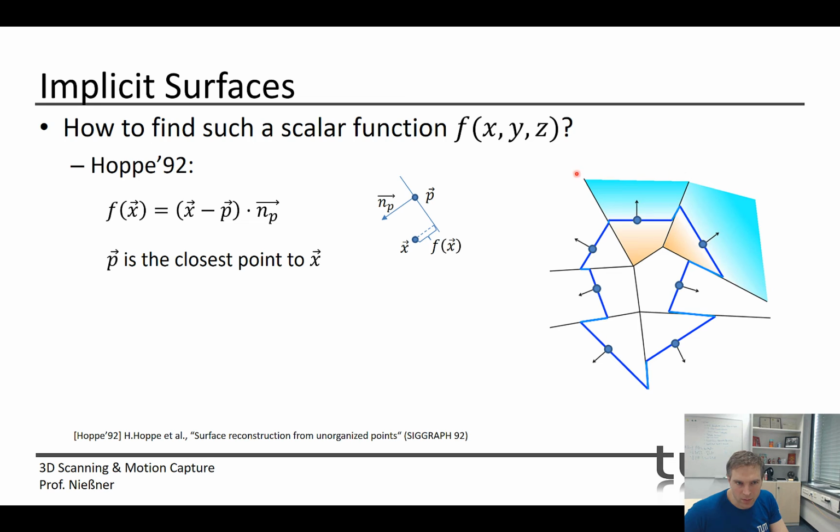So, within this cell, this one is always the closest point. In this cell, this is always the closest point. In this cell, this one would be always the closest point, and so on. And now, what you're doing is basically, you're just mapping every point on this plane, and that tells you the distance, right? So if you're here, this becomes bigger. If you're here, this becomes smaller than 0, and this one here becomes 0, right?